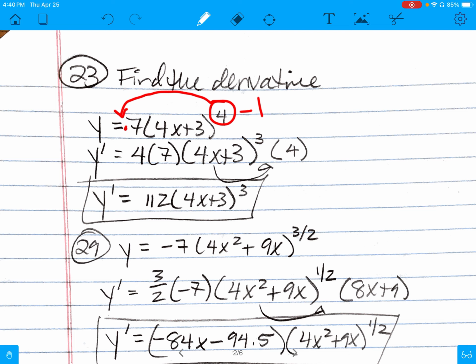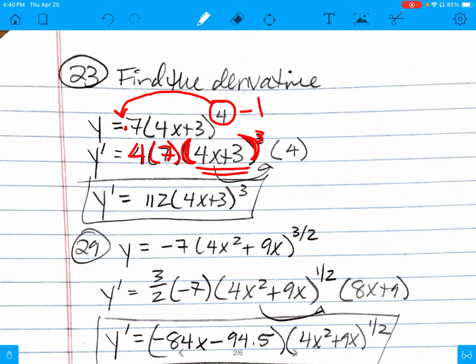So I'm going to bring that 4 down front of the whole thing, multiply it by the 7 that was already there, times, if this had been just a plain variable, that would be times the variable, but in this case it's times the function 4x plus 3, and then take 1 away from the exponent, so we now have an exponent of 3.